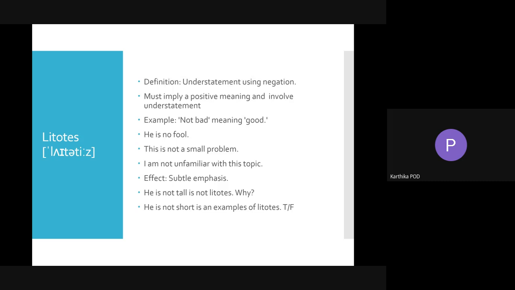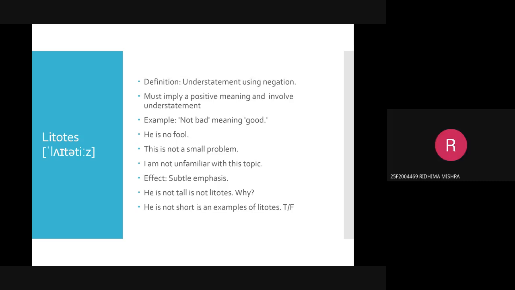Therefore, it is not a litotes. But if I say he is not short, is that a litotes? Feel free to answer. There is nothing wrong about going wrong, if at all that happens.